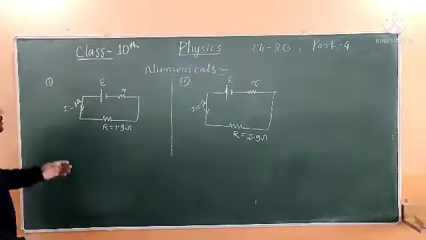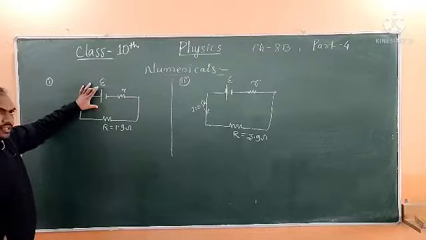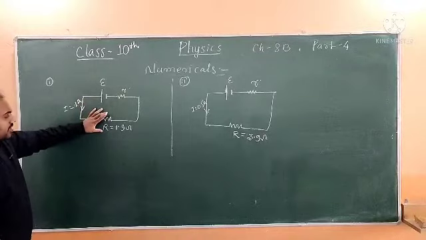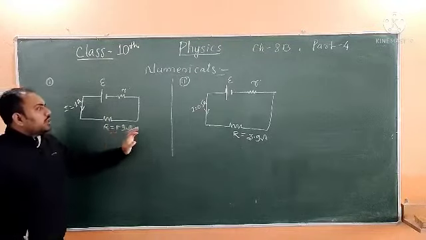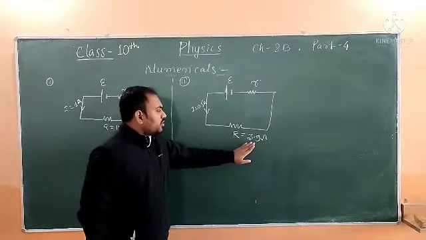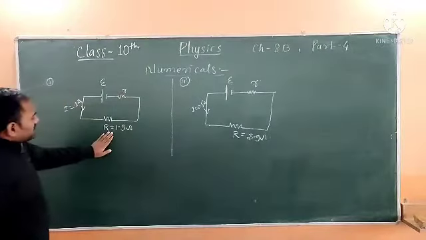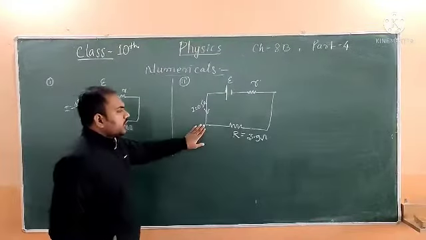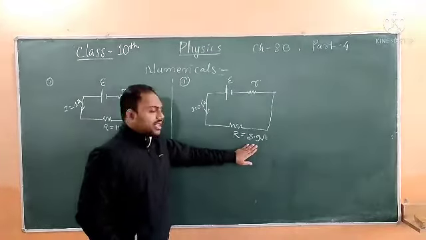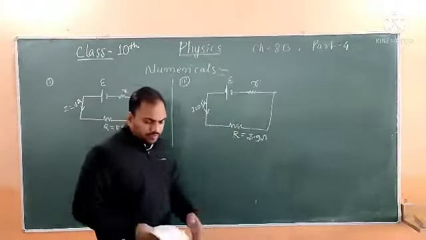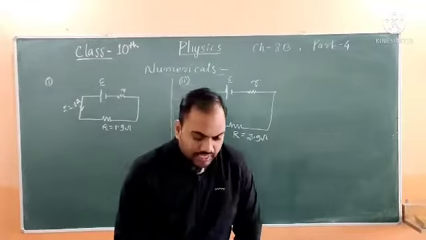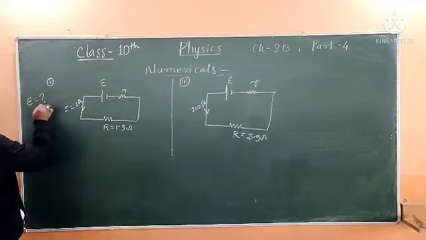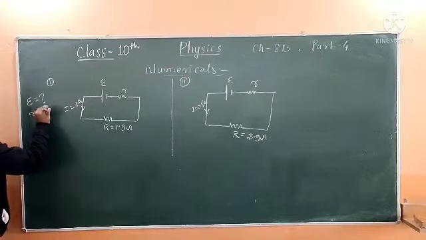I hope you get it. There is the same cell of EMF epsilon and internal resistance r, connected to an external resistance of 1.9 ohm, and then connected to an external resistance of 3.9 ohm. When it is connected to 1.9 ohm, the current flowing through the circuit is 1 ampere. When it is connected to the external resistance 3.9 ohm, the current flowing is 0.5 ampere. So it is asking what will be the EMF and internal resistance r.